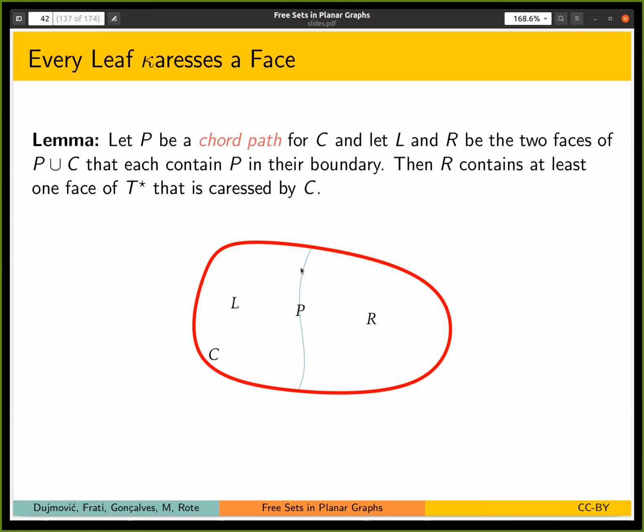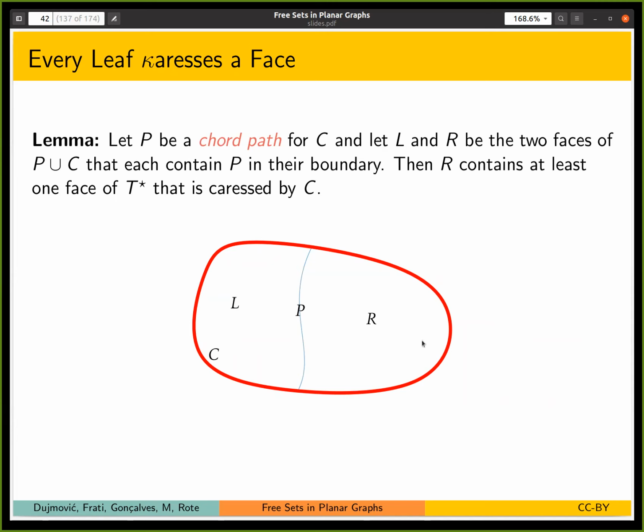So imagine that this red thing is your cycle. This P here is some path that separates one node of your tree inside the cycle from the other one. The claim is that, well, on one side, R in this picture, somewhere in there is a leaf, a node that is a face that is caressed, and it's just by induction.